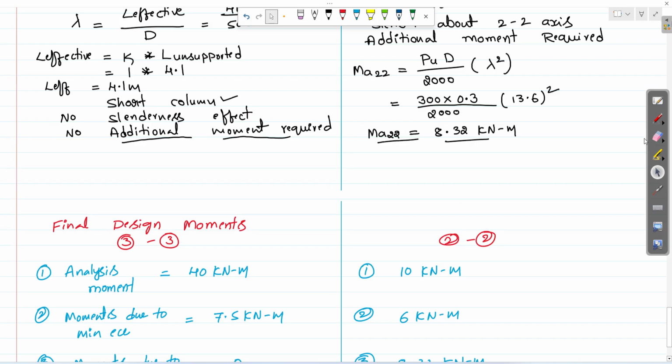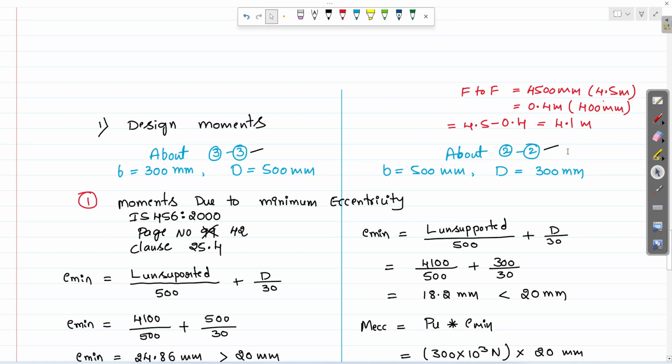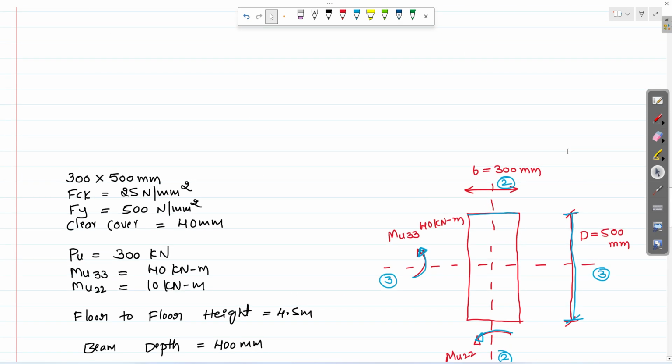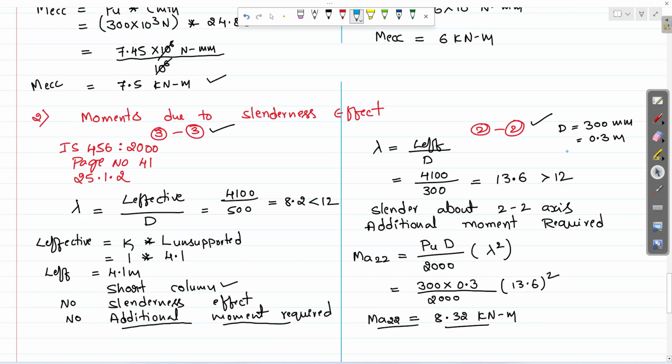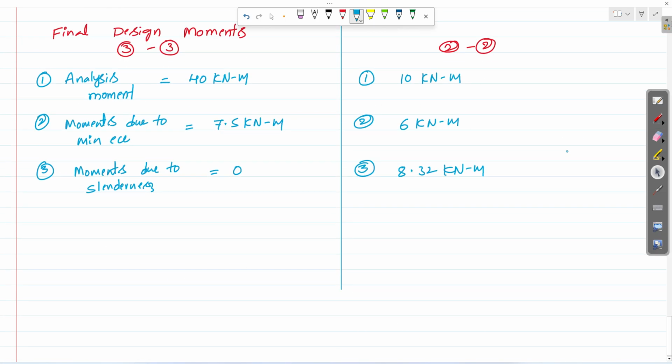So let me recall the values. So your analysis moment about 3 3 is 40. Moments due to minimum eccentricity 7.5. So here no additional moment required, it is 0. So 47.5, 0. It is about 3 3.